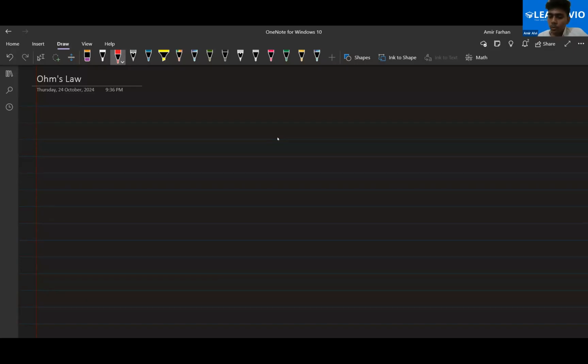Is there anyone who knows? Zainab said: if one increases, the other also increases; if one decreases, the other also decreases. Okay, that's great. What about the rest of you, Aisha and Alvina? Any answer about the directly proportional word?